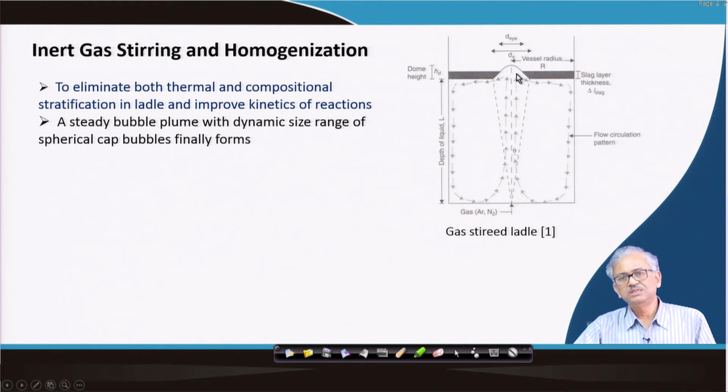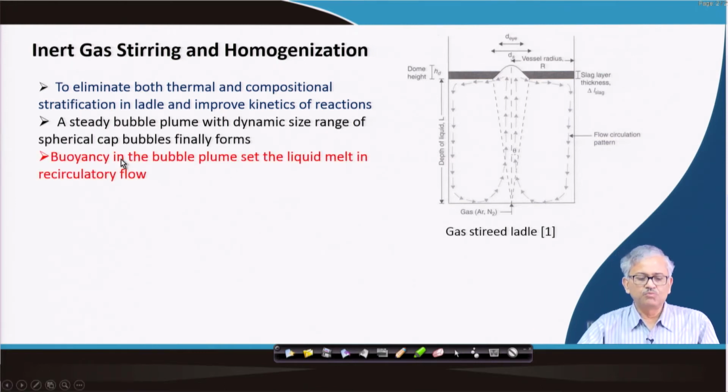That is called the steady state bubble plume that finally forms, and due to buoyancy, the bubble plume moves up and transfers the energy. As the bubble moves up, it increases in size and transfers the momentum to the liquid. Okay, so buoyancy in the bubble plume sets the liquid melt into recirculatory flow.